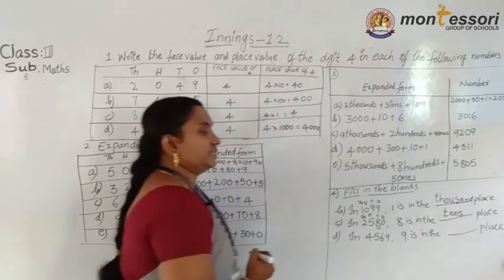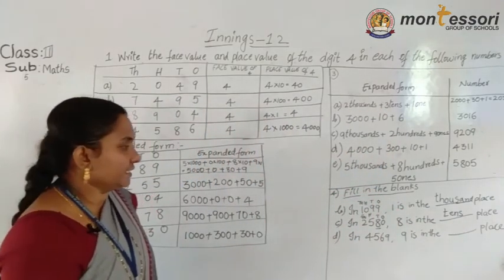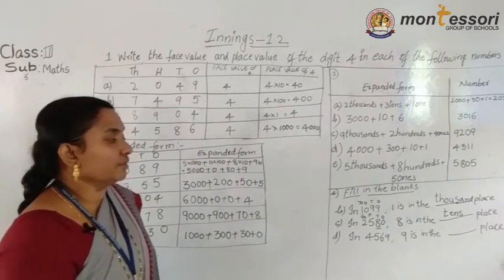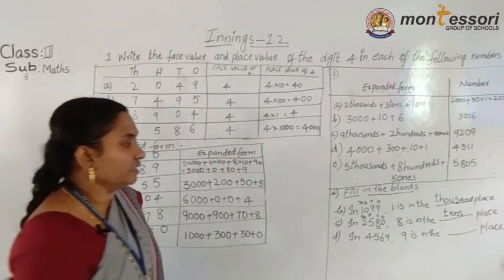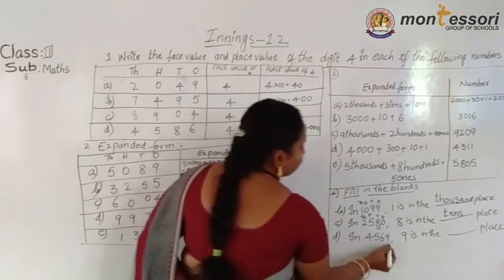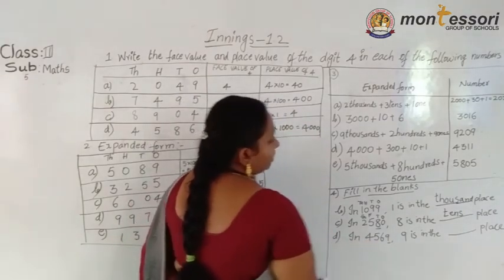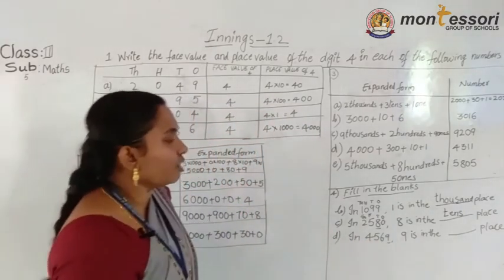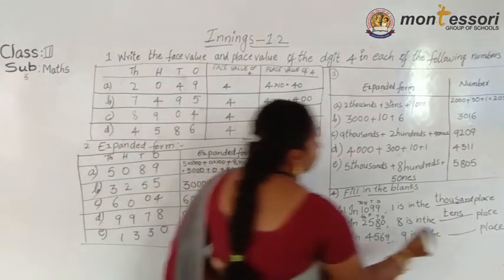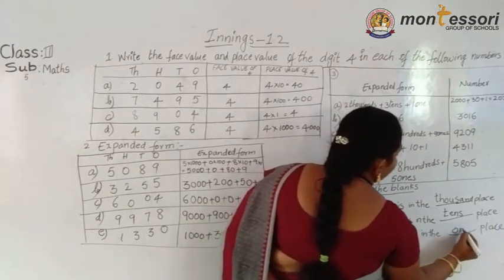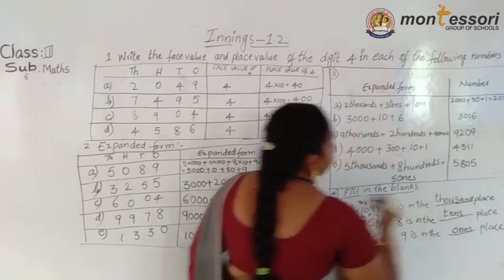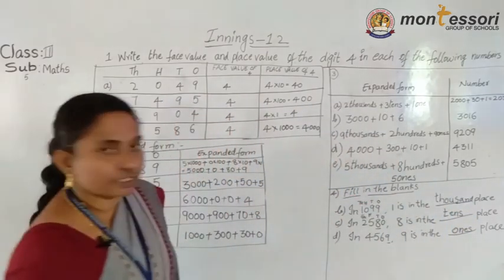Okay, 8 is in the tens place. Next problem, 4569. In this given number, 9 is in the ones place. Okay, understood all of you?